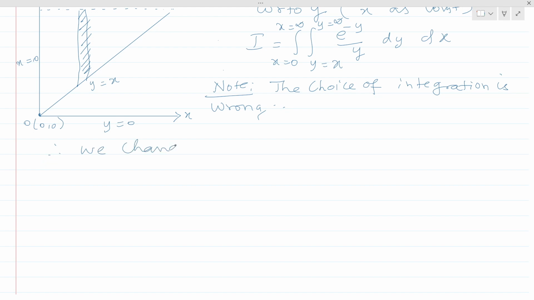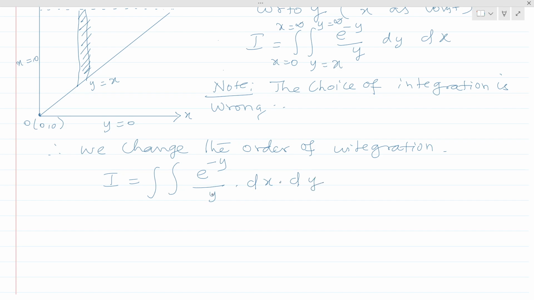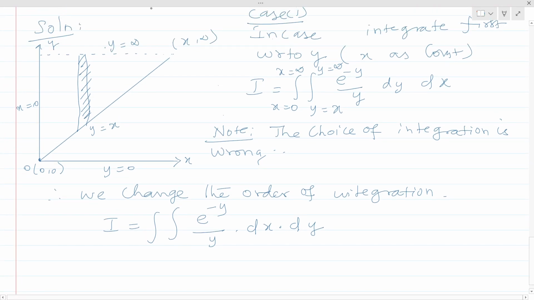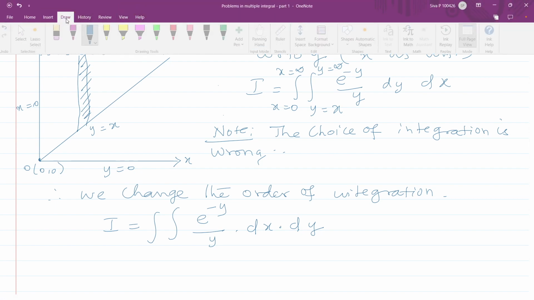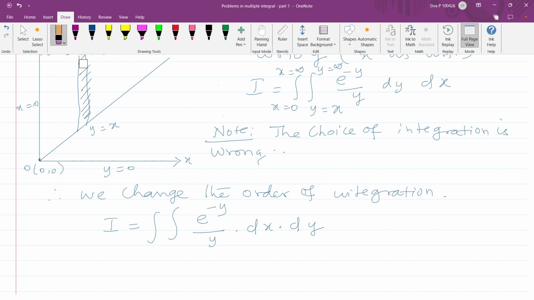So we change the order of integration. That means integrate e power minus y by y with respect to x first, then integrate with respect to y. At that time you have to draw the parallel line to the x axis. So now we can omit this line here.